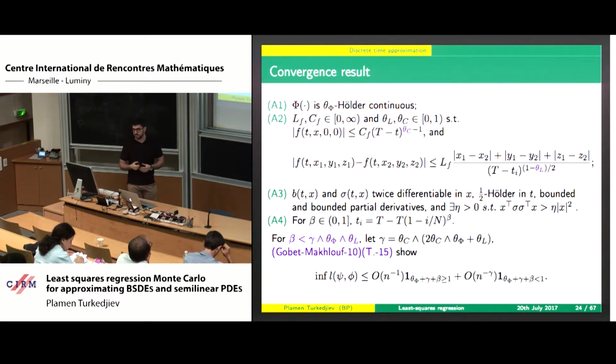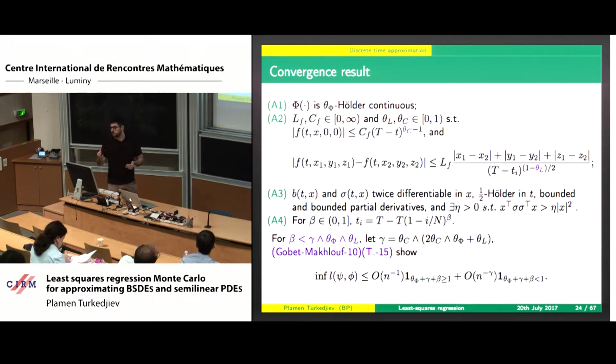So finally, what we can show at this stage is that our first discrete time approximation will converge to the continuous time equation as the number of time points that we put in our time grid goes to infinity. But we need some conditions, and they're fairly loose conditions.